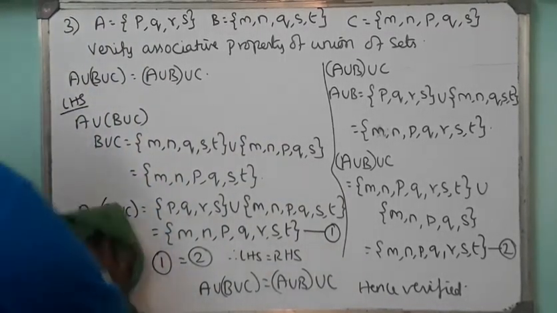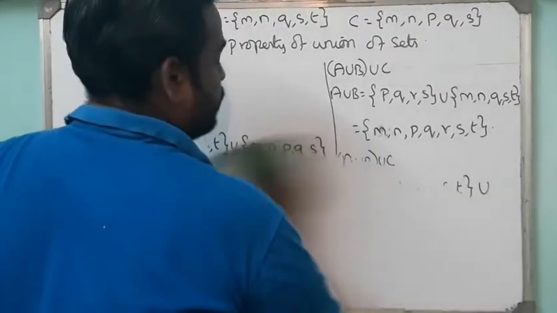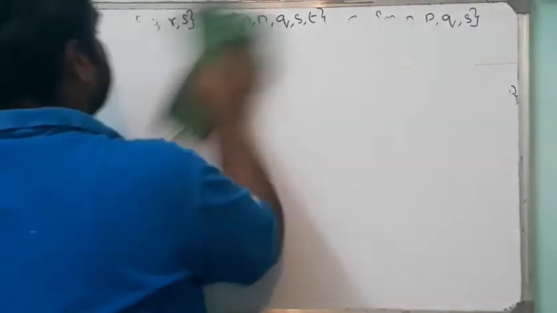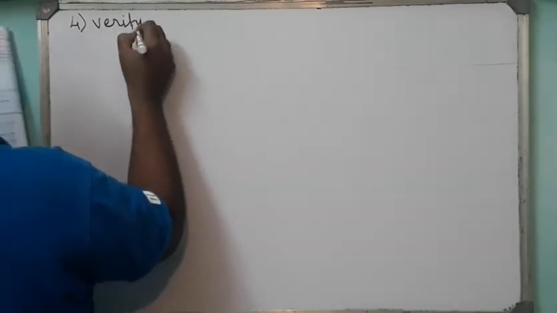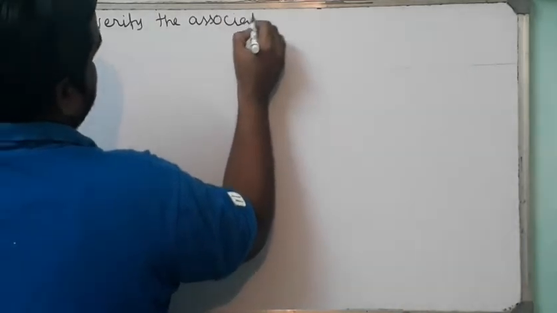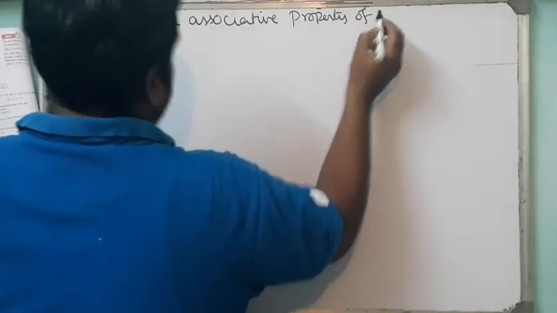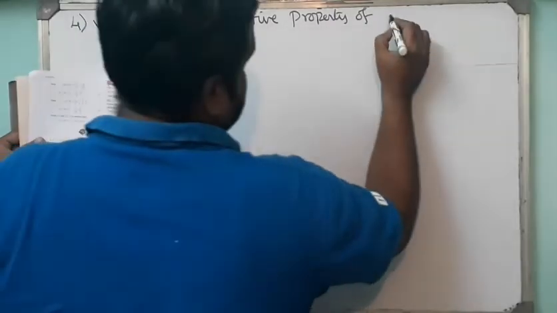The next sum. Fourth one, verify the associative property of intersection of sets.